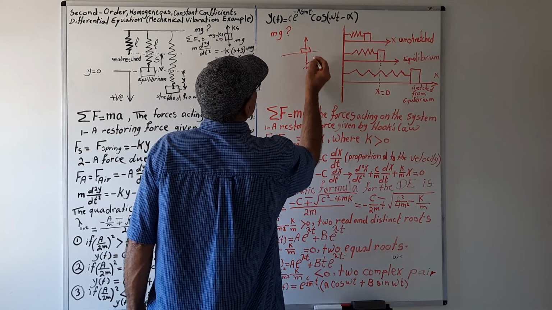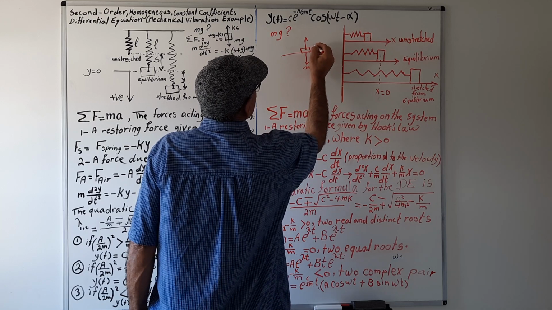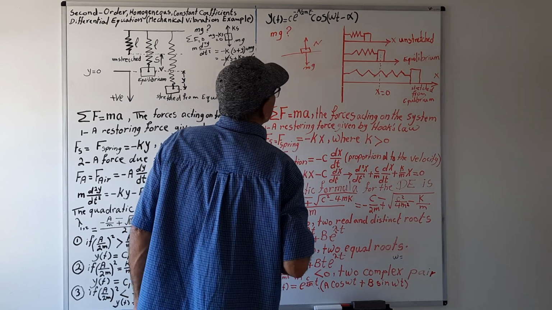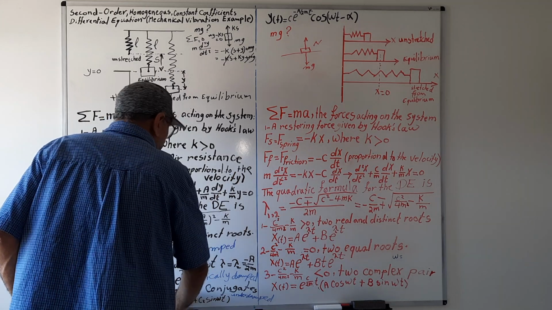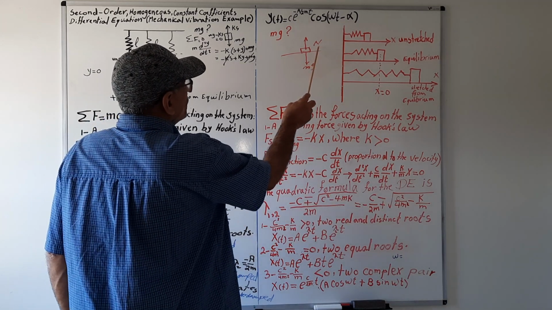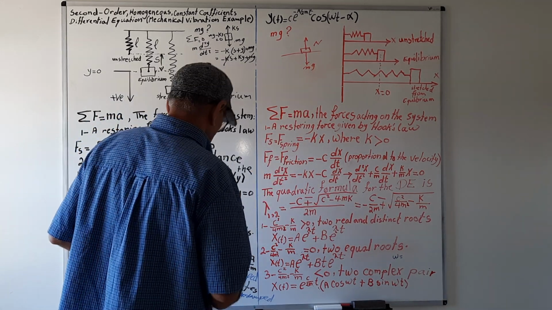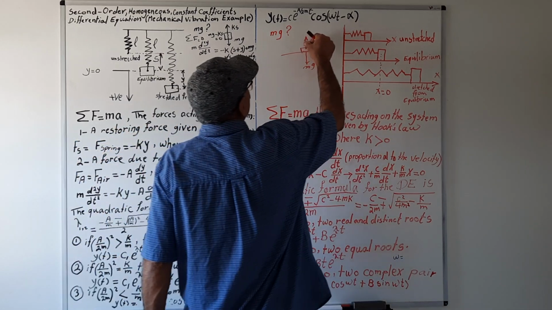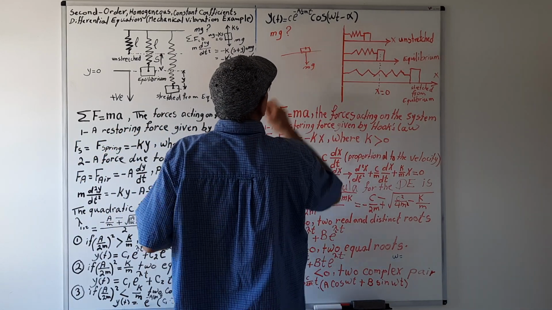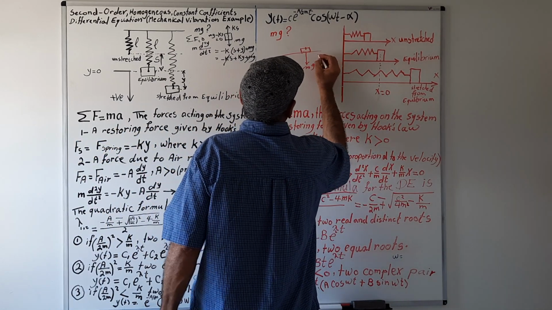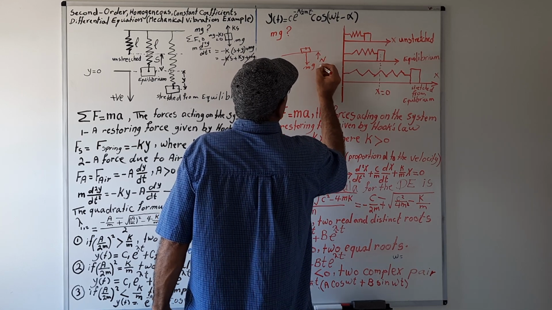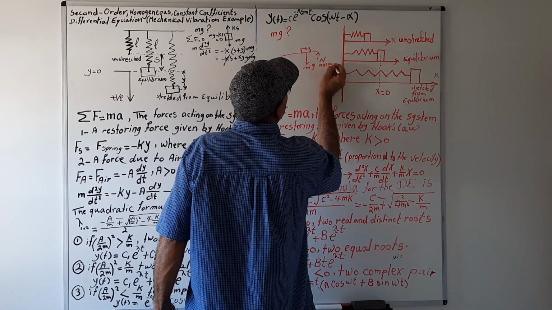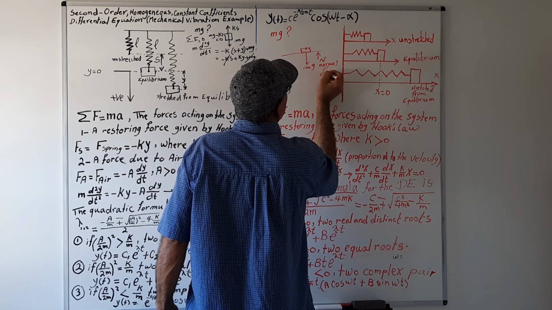This is mg, and this is the normal force. So the normal force of the surface cancels the mg. You can put it here, normal force.